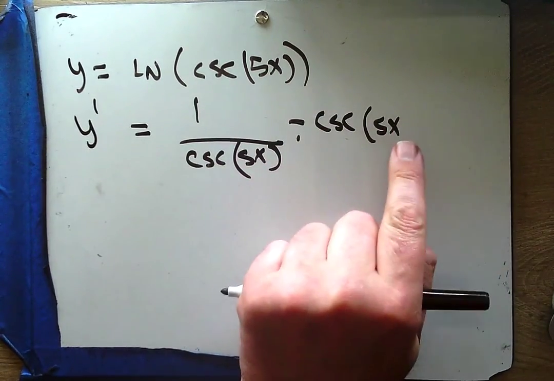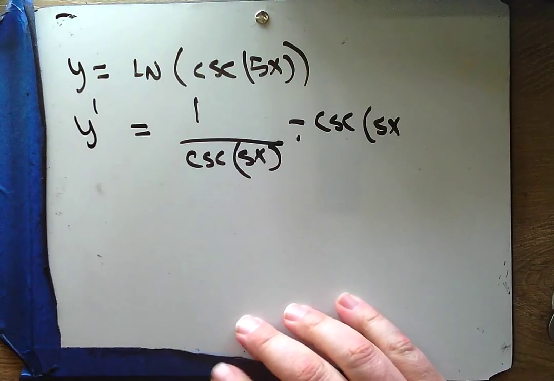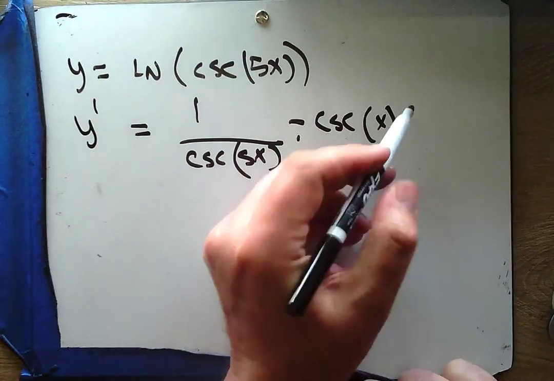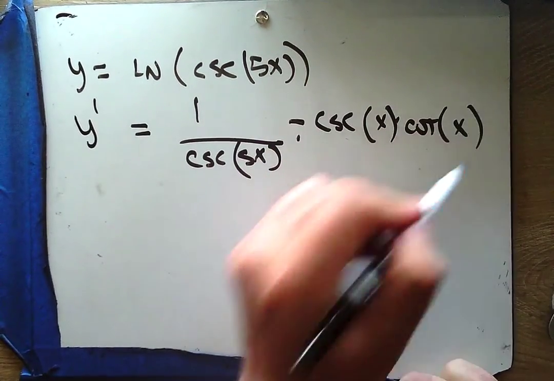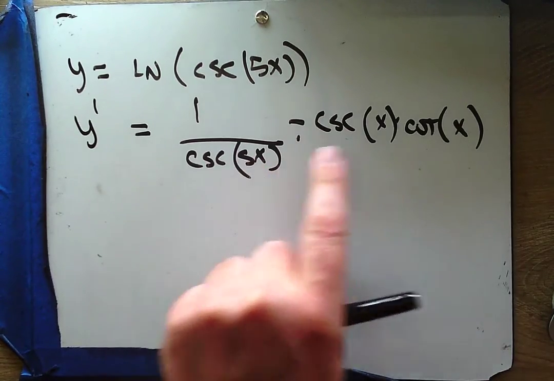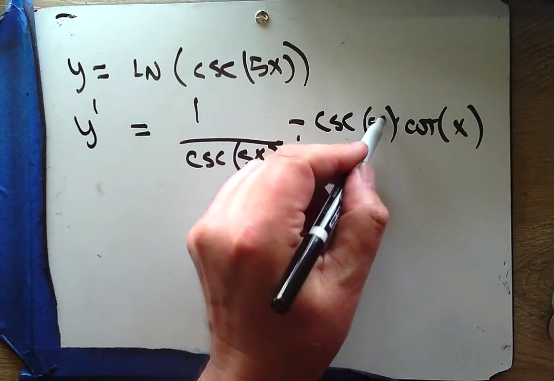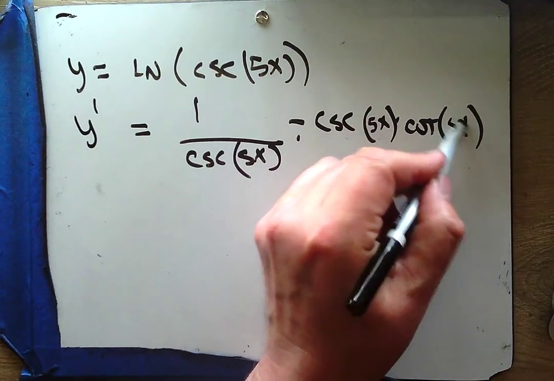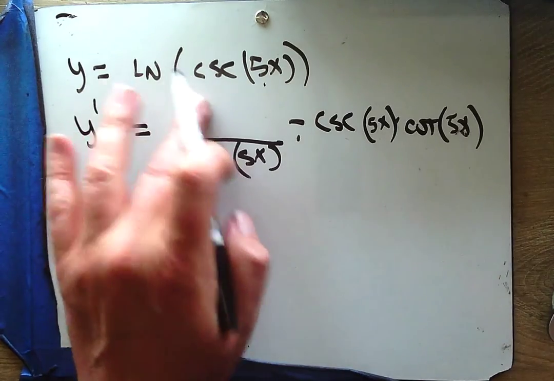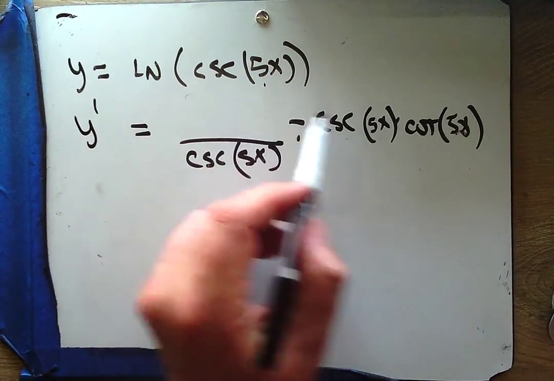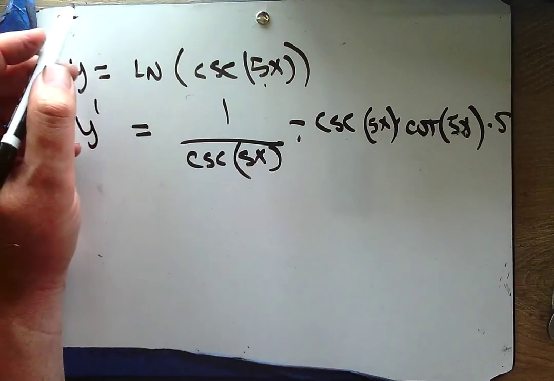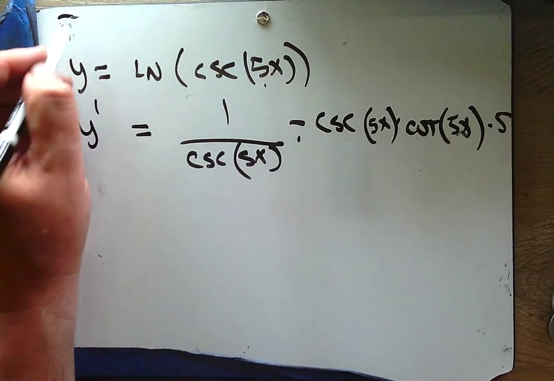You know, some people, because they say negative cosecant cotangent, they write this. But we know it's cosecant cotangent of stuff. So watch out for that. 5x, and don't forget we need the derivative of the innermost 5x, which is going to be times 5. Okay. And that was 14.